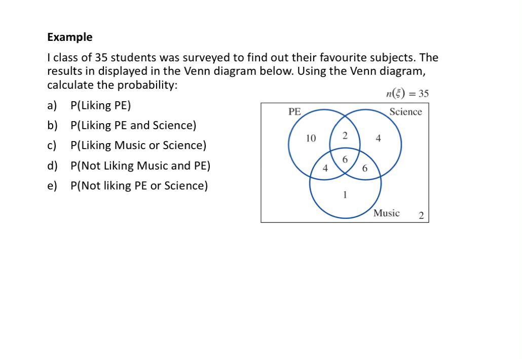So the first one is we want to have a look at the probability of a student liking PE. And to do that, we want to use the formula number of favourable outcomes over the number of possible outcomes. So I need to use my Venn diagram to work out my number of favourable outcomes.